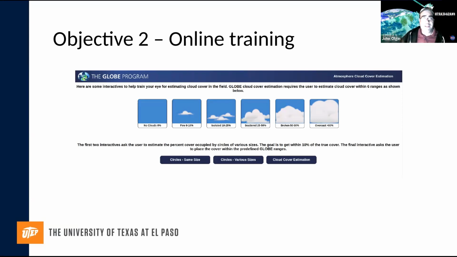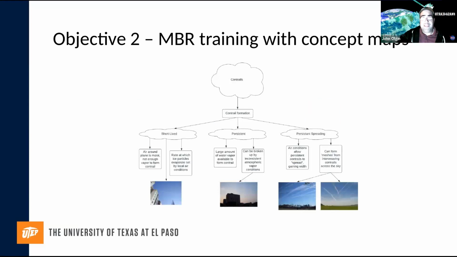This is the online training that they went through. This is an example, for those people doing the model-based reasoning portion of this study, of how they would actually draw these nice little mental models using what's called concept mapping. Concept mapping is really, really effective in many avenues of education.